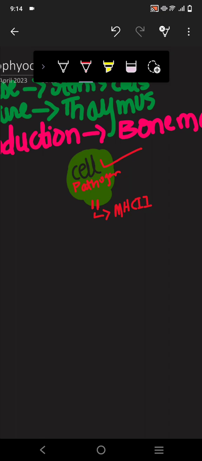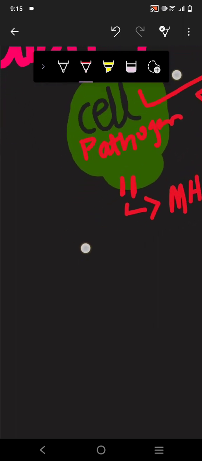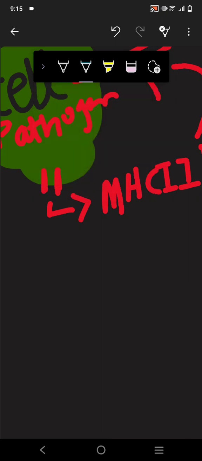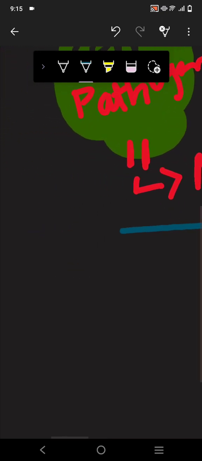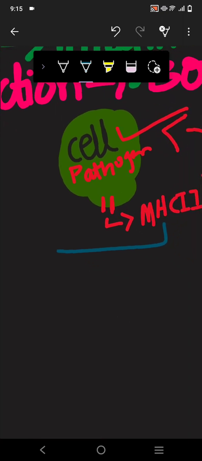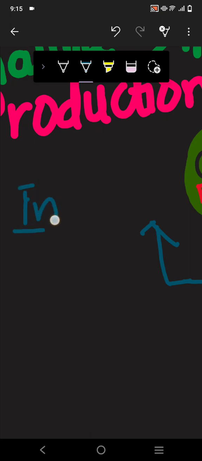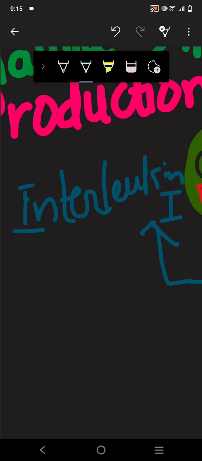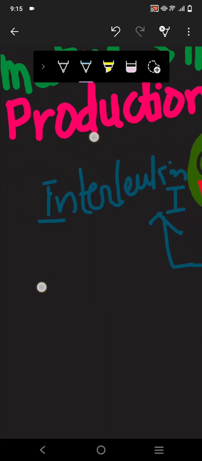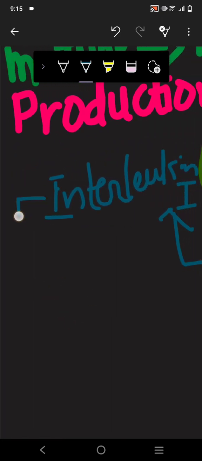When the MHC2 has the pathogenic cell, what will it release? It will release interleukin 1.